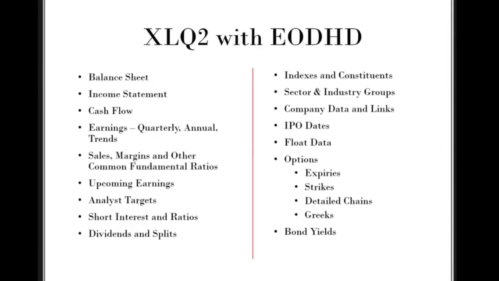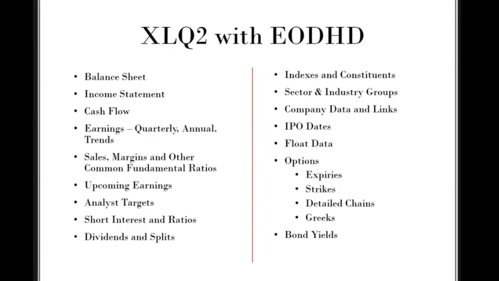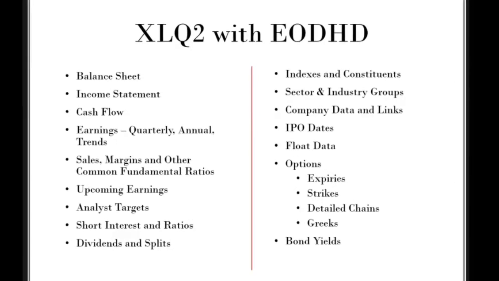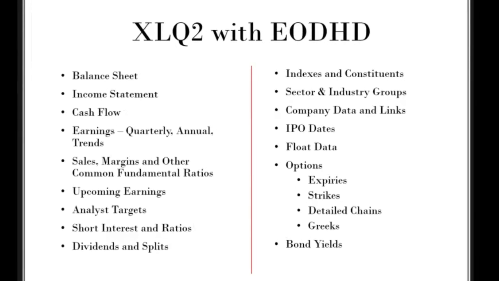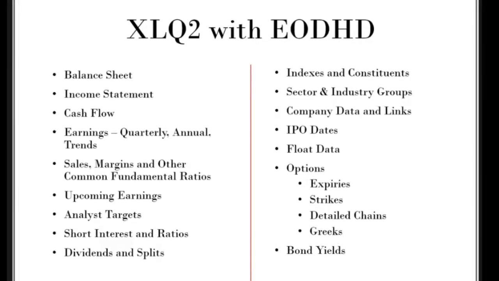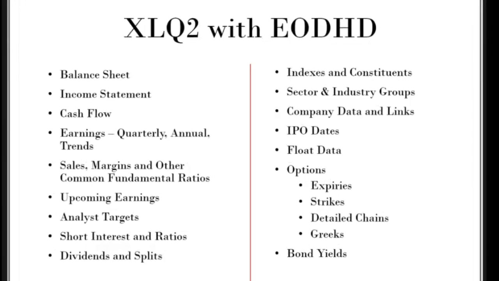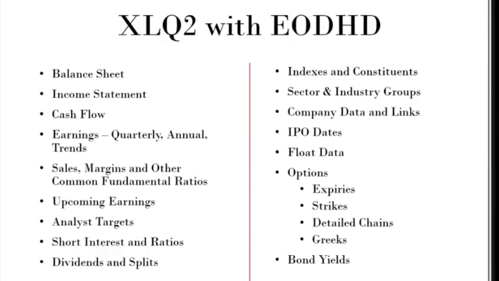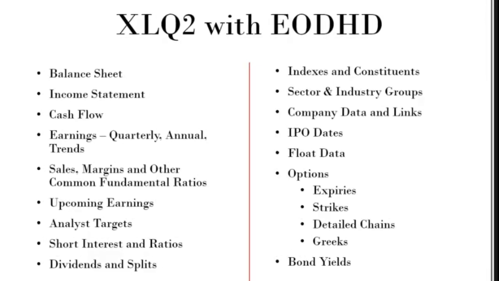They've got information on balance sheets, income statements, cash flow, earnings, sales, margins, upcoming earnings, analyst targets and information, dividends and splits. They've also got information on the constituents within that index and sector and industry group information for each ticker.